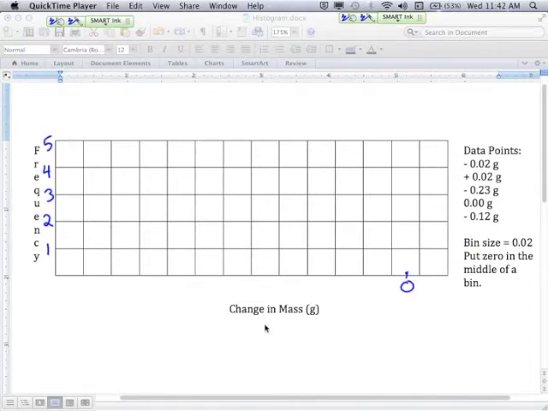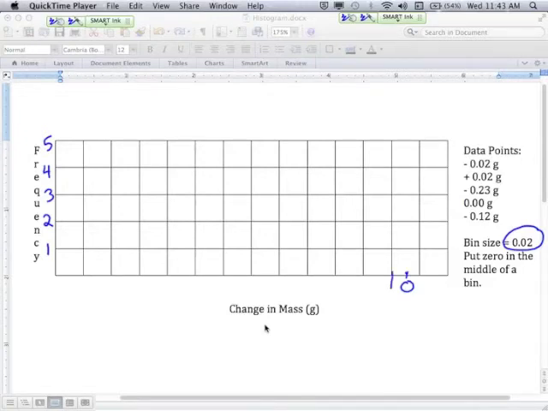I'm going to be labeling their edges, because when we make a histogram, you're sorting data into buckets. So you label the edges of your bins and you say, okay, every data point that's between this and this goes in this bin.